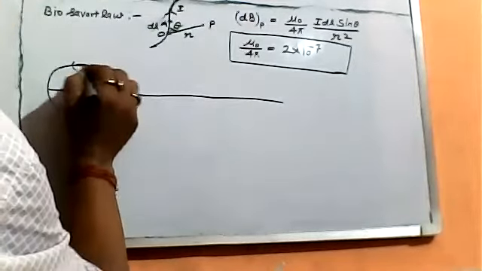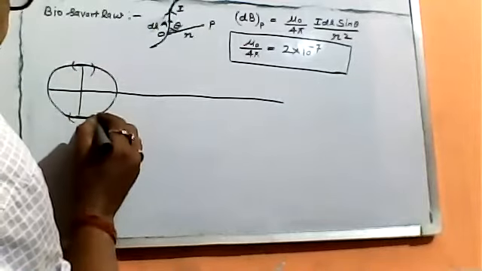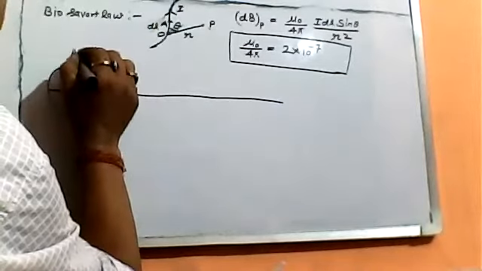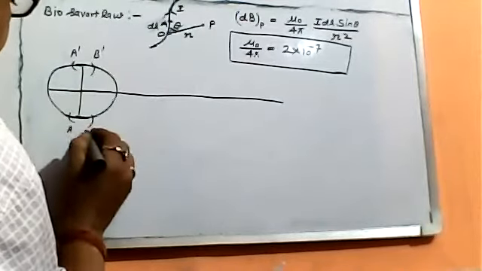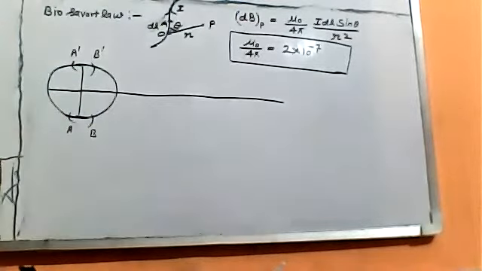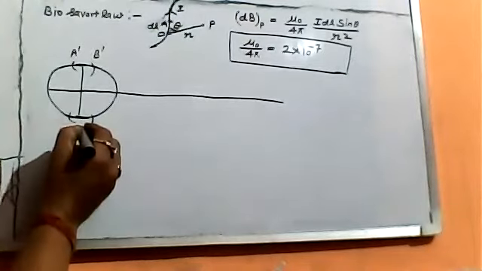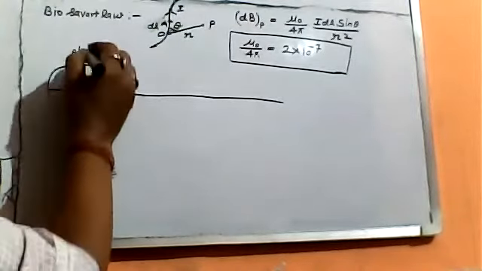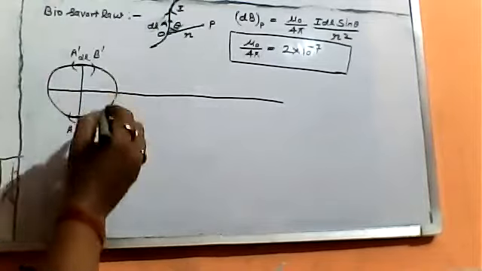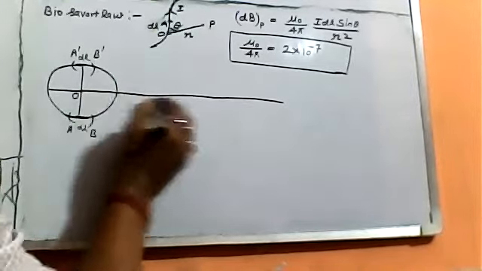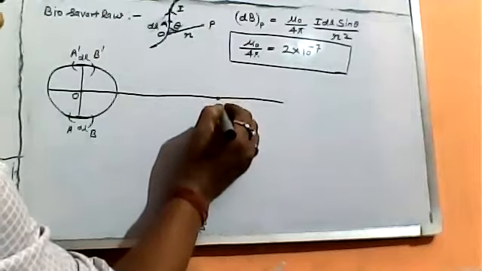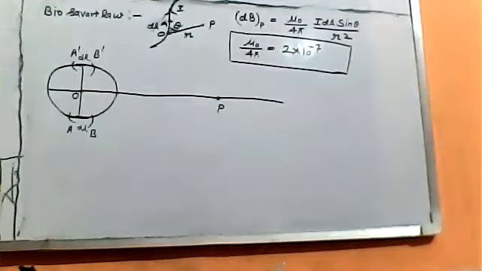Here, generally two small portions, A dash B dash and AB, I have taken having the same small length dl. From center O to point P, where we have to find the magnetic field intensity.